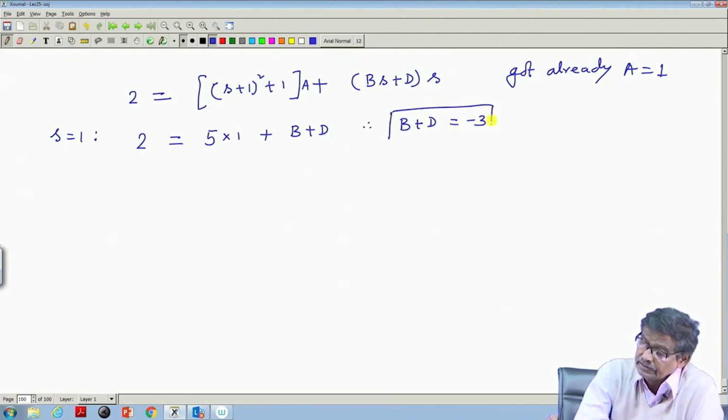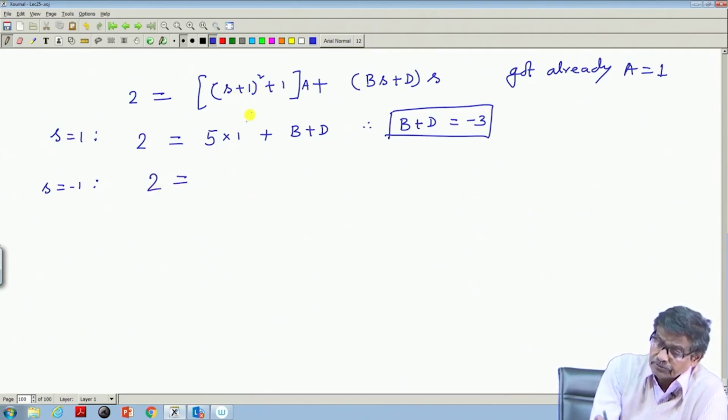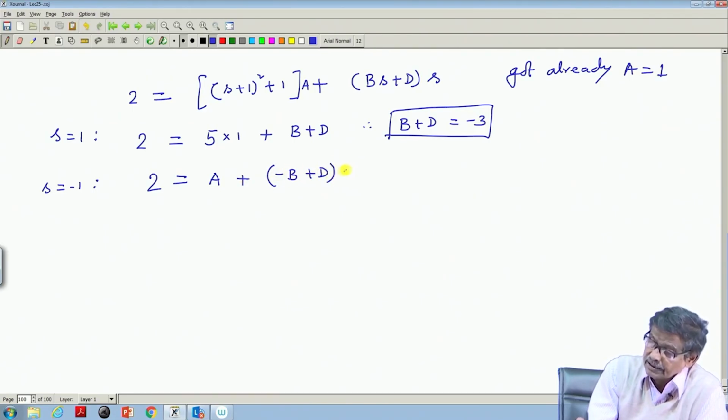This is one equation. Another equation: you put S equal to say minus 1 on both the sides. So, the left hand side is 2, this will become only A, this goes 0, A into 1, A, then plus this will be minus B plus D, and once again minus 1 into S, but A is equal to 1.